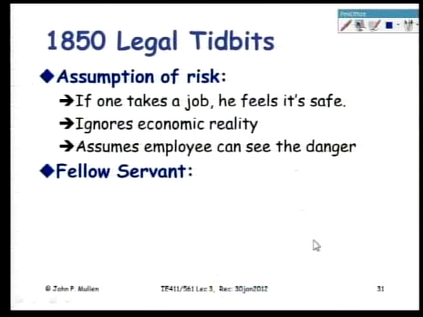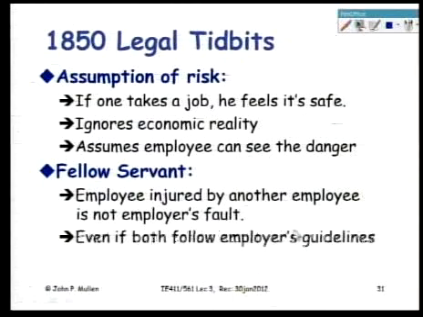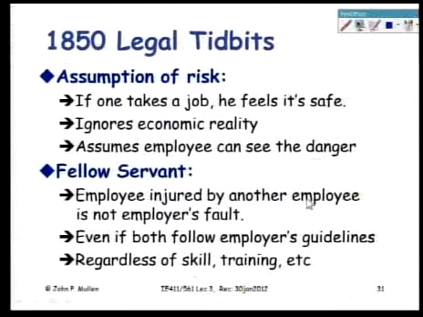Another one was the fellow servant rule. If an employee is injured by another employee, it's not the employer's fault, even if both follow the guidelines and the training set down by the employer.